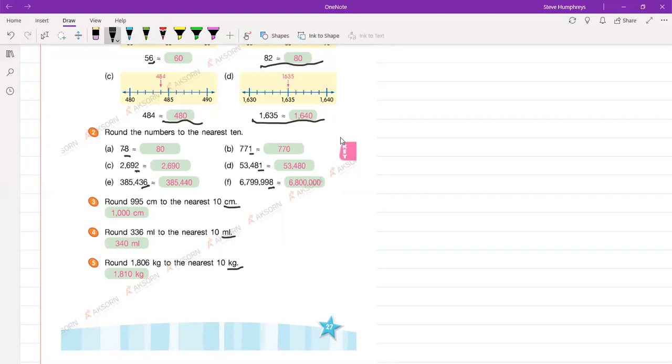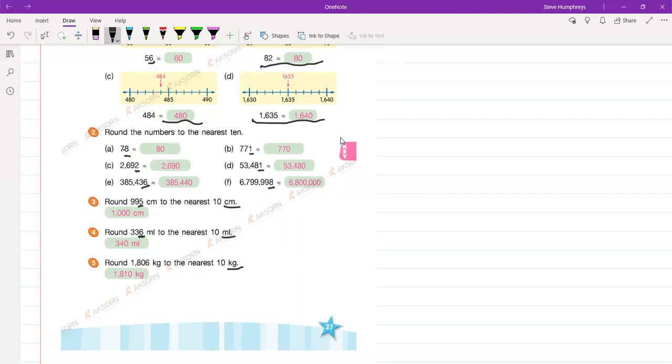It says round 995 centimeters to the nearest 10 centimeters. If it's a 5 or more, you round up. Number 4, 336 milliliters to the nearest 10 milliliters. If it's a 6, you round up.